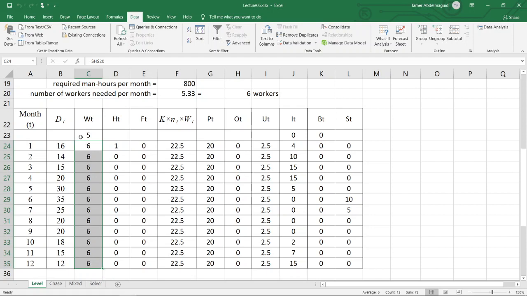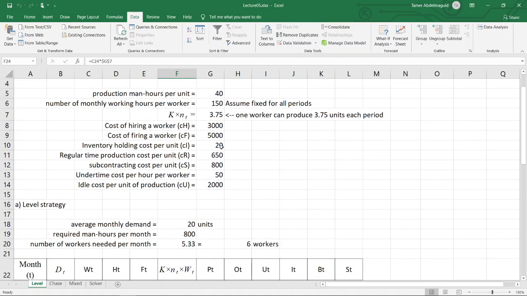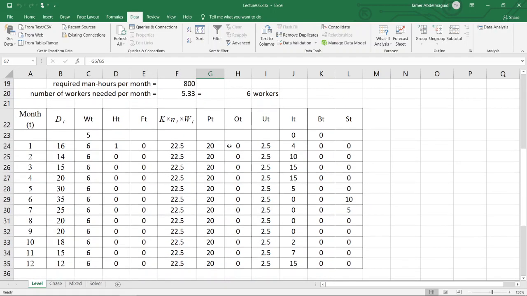Now, based on this fixed number of workers, we can calculate K times N sub T times W sub T. This will give us the total production capacity that this company can produce in each month of the planning horizon. Because remember, K times N is the quantity that can be produced by 1 worker in a month, which is 3.75. So 3.75 aggregate units can be produced by a worker.